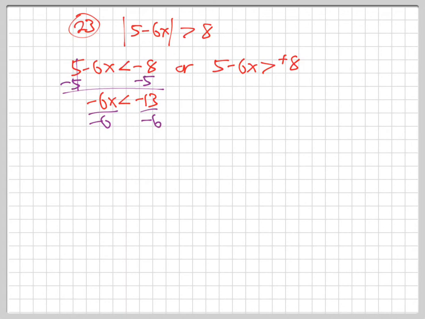So right there, right then, scratch out the other symbol and turn it the other way. That makes sense? X is greater. And right here, what do these two negatives do? Become positive, right? Two negatives become positive. And then the other side's the same thing.